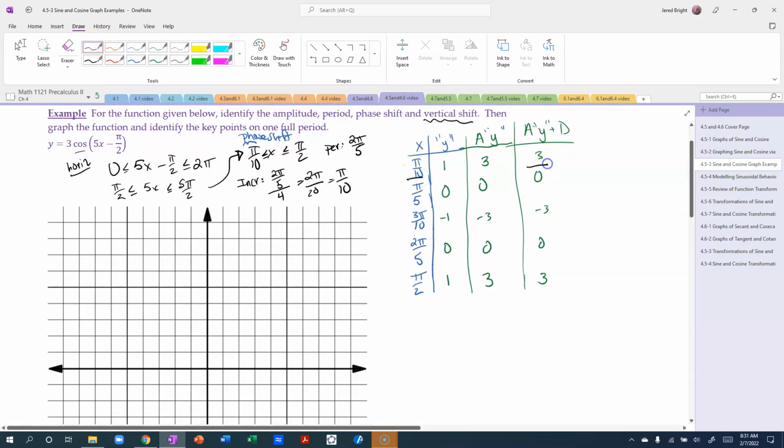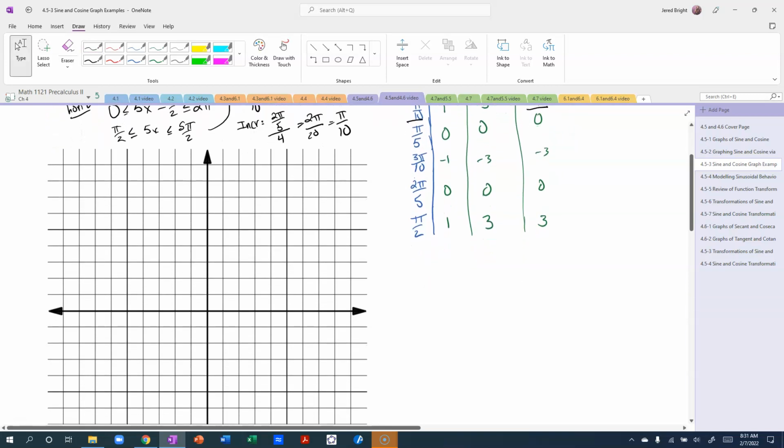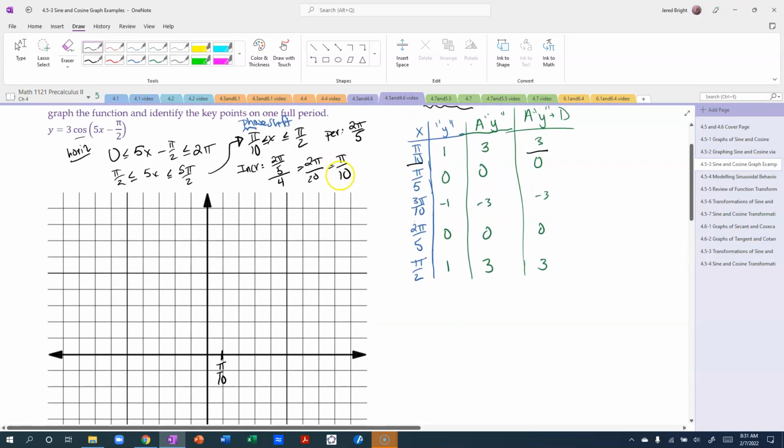Pi over 10, comma 3, and then so let's see, horizontally, I have no markings on my graph. So I'm just going to say this mark here, I'm going to call that pi over 10. So that's where I'm going to start, and then I'm going to increment by pi over 10. So next spot would be 2 pi over 10, or pi over 5.